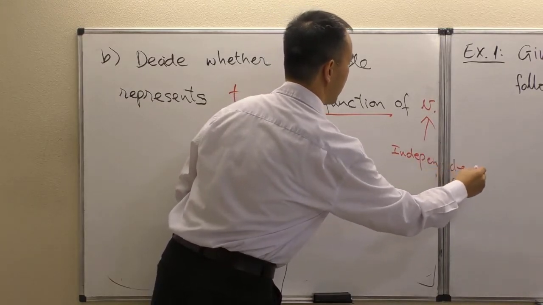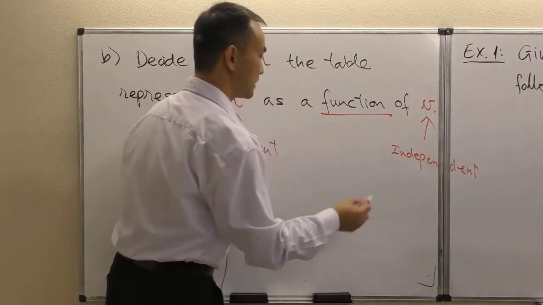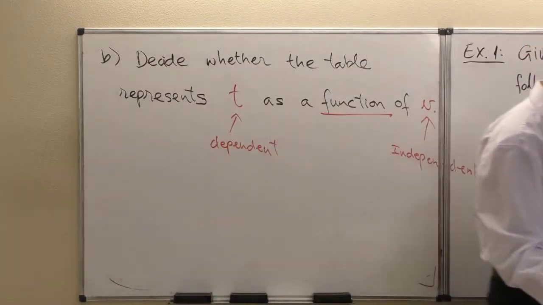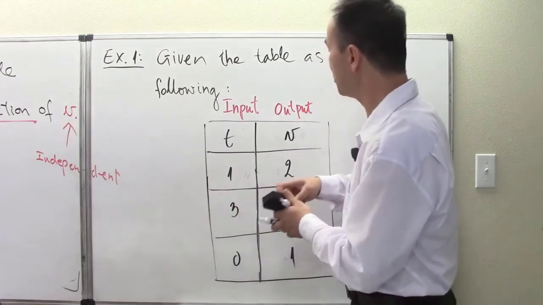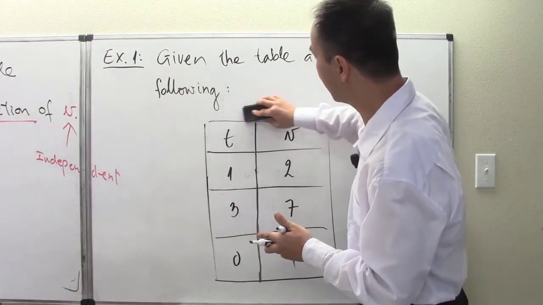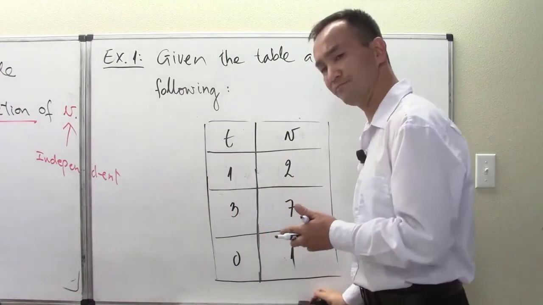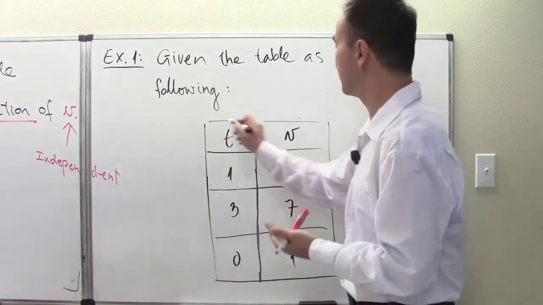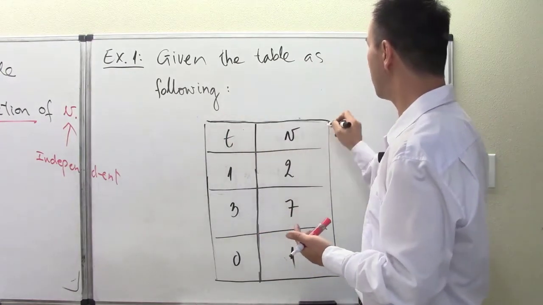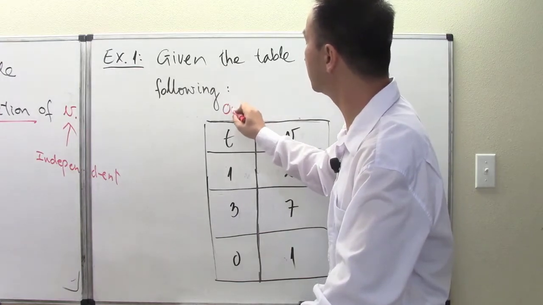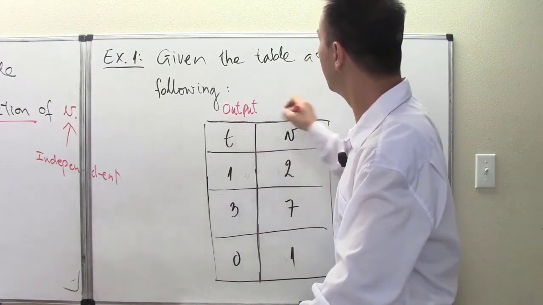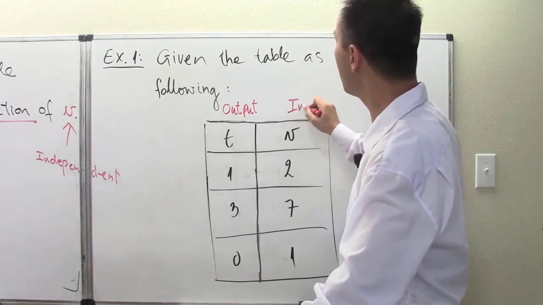Or another way of saying, back on my other table, these two switch roles. Okay, now I have to erase them. I should have erased them right after I finished part A. But now in part B, we want t to be the outputs, and we want v here to be the inputs.